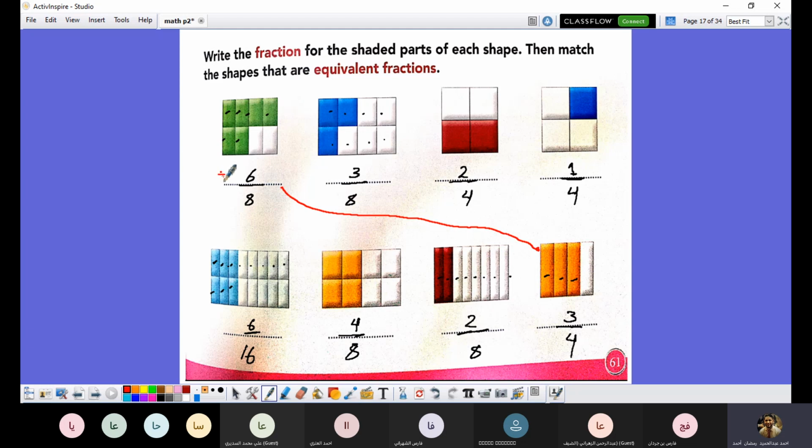Because when I simplify this fraction by 2, 6 divided by 2 equals 3, and 8 divided by 2 equals 4. So 6/8 equals 3/4.